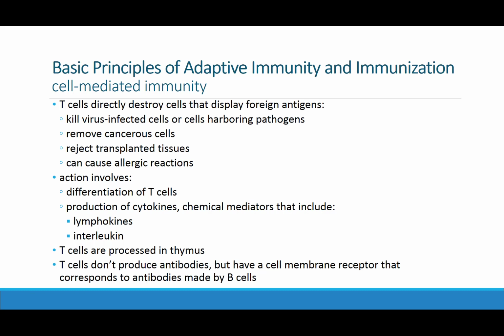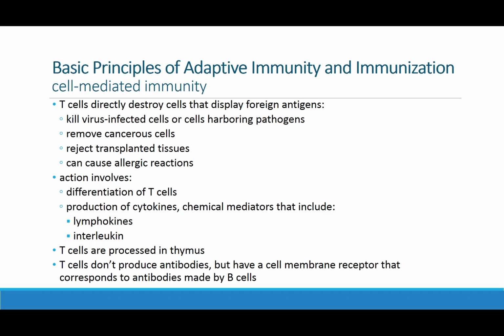All right, so cell-mediated immunity occurs as T cells directly destroy cells that display some type of foreign antigen. And so they work to kill virus-infected cells or cells that have pathogens inside them. They can also remove cancerous cells, because cancerous cells frequently have antigens on them that are specific to cancerous cells and can be recognized by T cells.